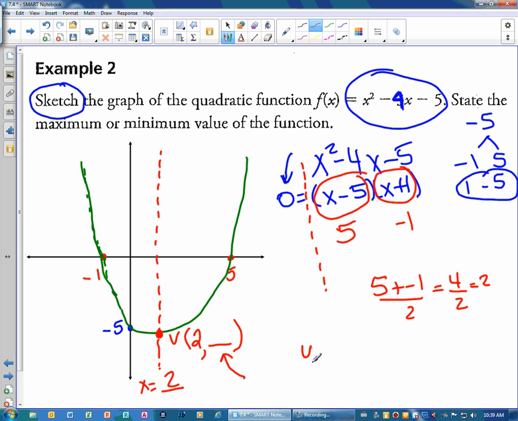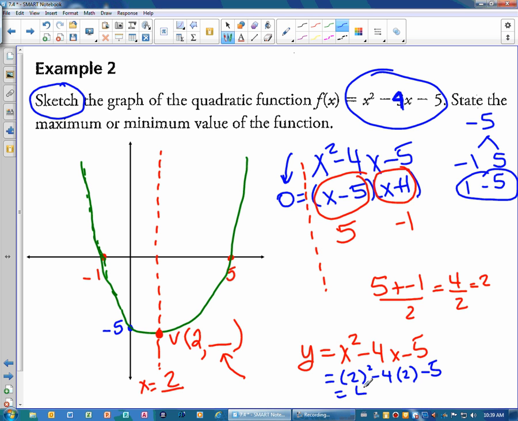Because remember my equation is y equals, no brackets, y equals x squared minus 4x minus 5. So if I know my x is 2, plug it in and see what y corresponds to that.